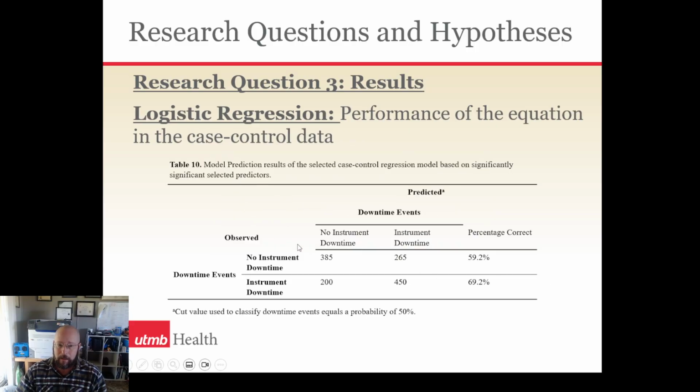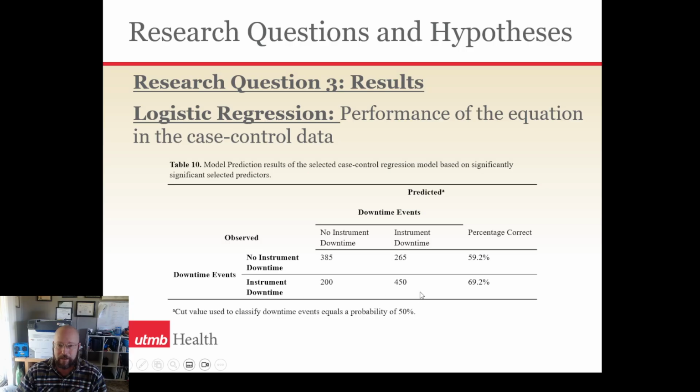And what we got here was pretty interesting. So when we did not have downtime failure, the model said, hey, you don't have failure. It predicted, however, instrument downtime in a situation where there was no downtime incorrectly about 40% of the time. When the instrument was down, there was 200 of those events.